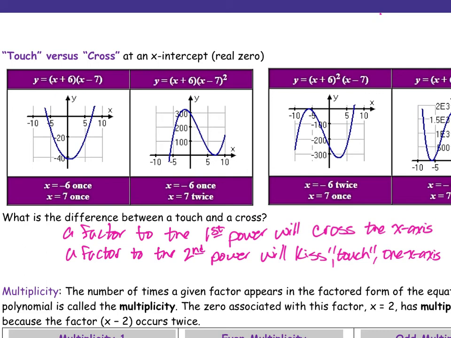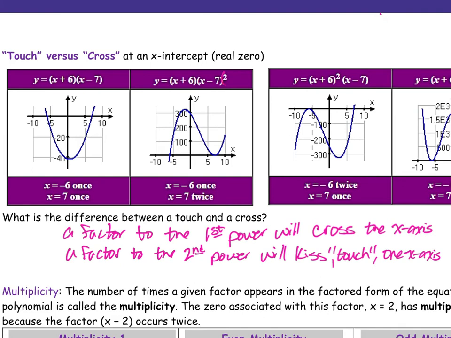If it's an even power, it'll still kiss it or touch it, but it'll start flattening out, like in the last picture. Power of 3 will cross because it's odd. Odd numbers cross through, even powers kiss.